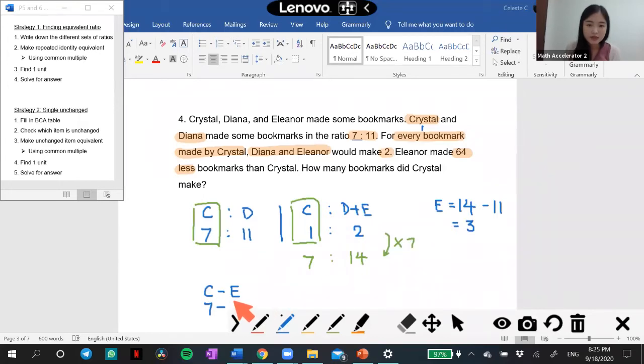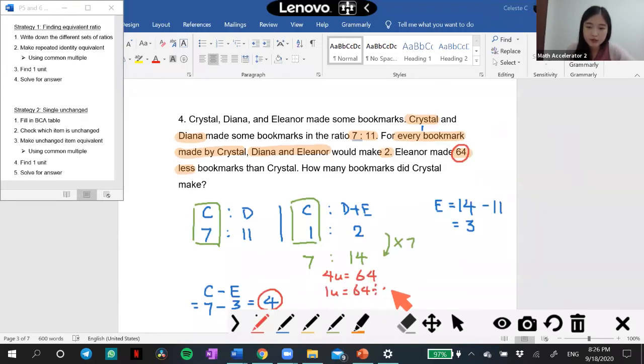So now we can take 7 minus 3 to find the difference between Eleanor and Crystal. So that will be 4 units. Okay, great. Yeah, 4 units. So this 4 units equals to what? The difference here, 64. So 64, right, is this 4 units here. 4 units equals to 64. Can you find 1 unit?